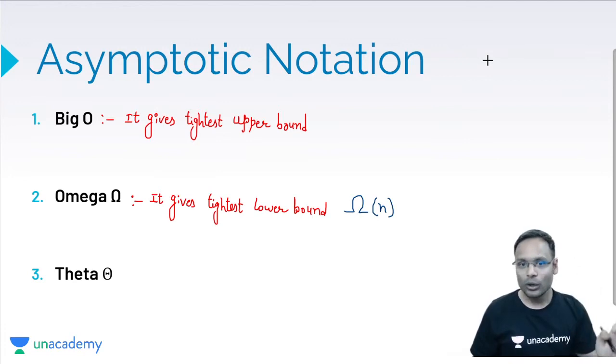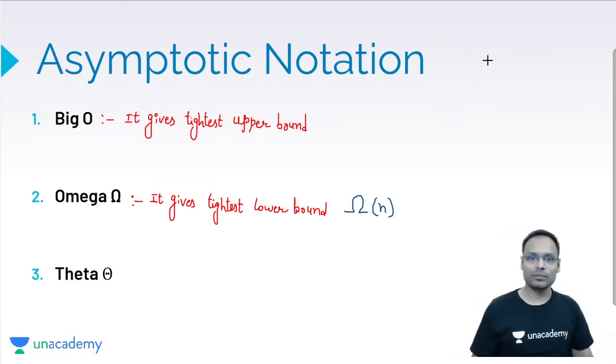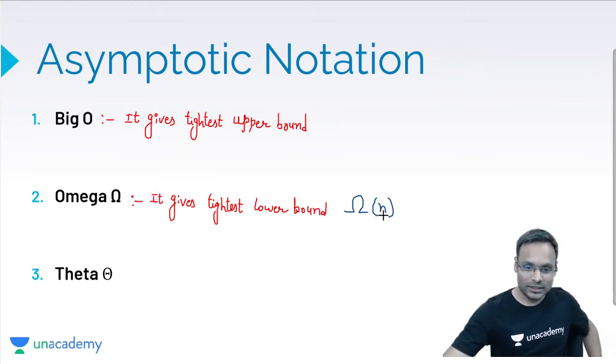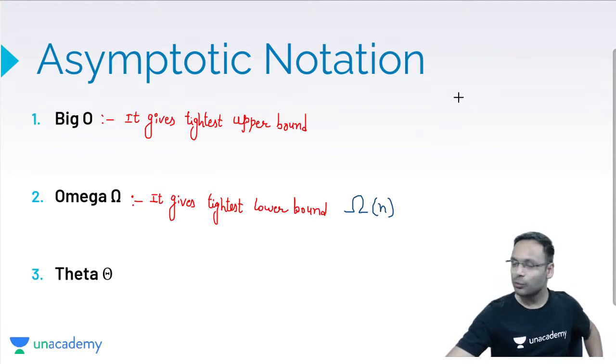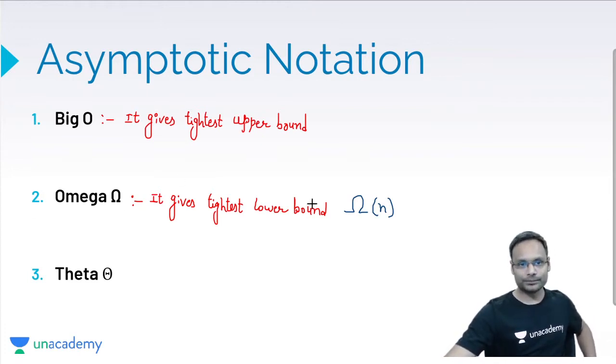Less than n, no. More than n is possible. That is omega, right? So it might be possible you can get your brother's list of items in 500 rupees, maybe more than that, but less than 500 rupees you will not get anywhere in the entire market, the entire city. That is the tightest lower bound.